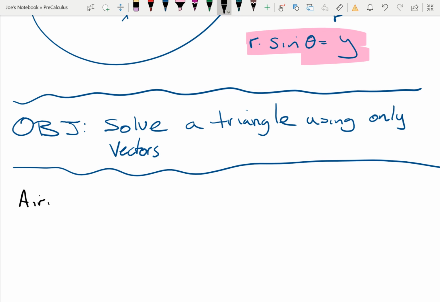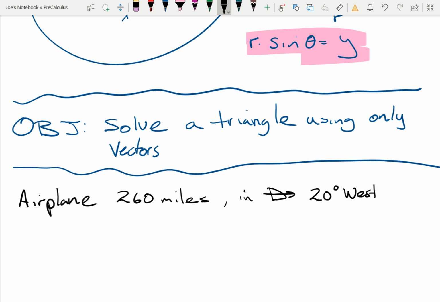So you've got an airplane, and in this problem, it's going to be traveling miles. Sometimes you'll have speeds, sometimes you'll have forces, and so on. In this problem, we've got an airplane that's traveling 260 miles in a direction of, let's do this in confusing language now, because that's where we will learn things, 20 degrees west of north.